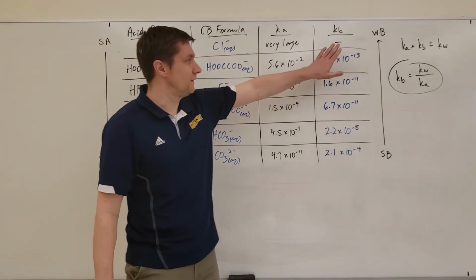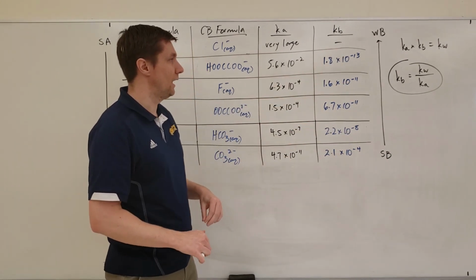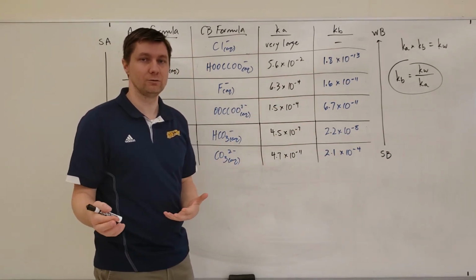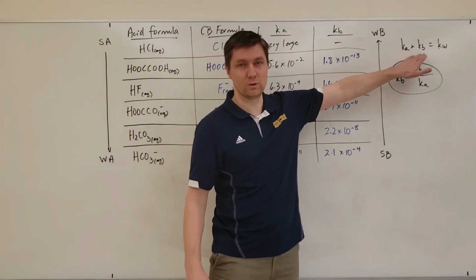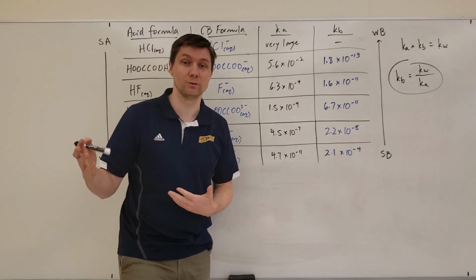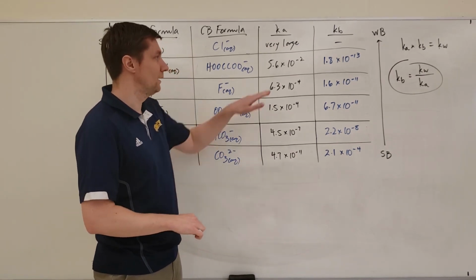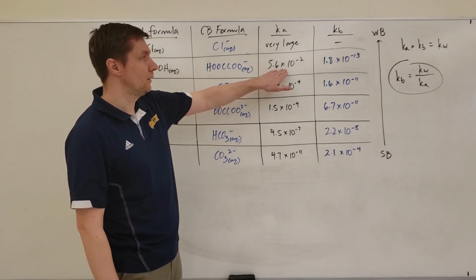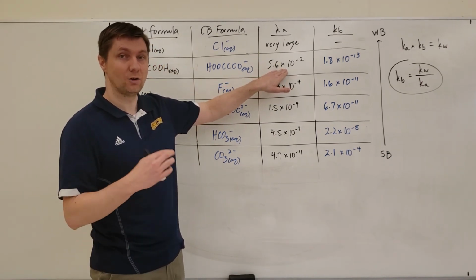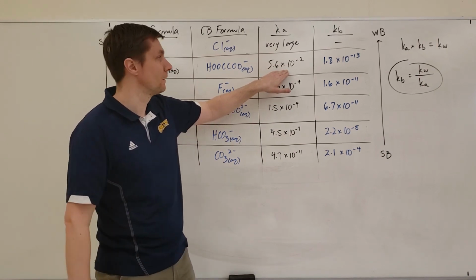But these Kb values here is where kids sometimes get a little confused. So I can calculate a Kb value by using this formula that we talked about in one of my previous videos. Ka times Kb equals Kw. And I know what Kw is. It's 1 times 10 to the negative 14. And if I have the Ka value for a particular acid, I can also calculate the Kb value of its conjugate base.